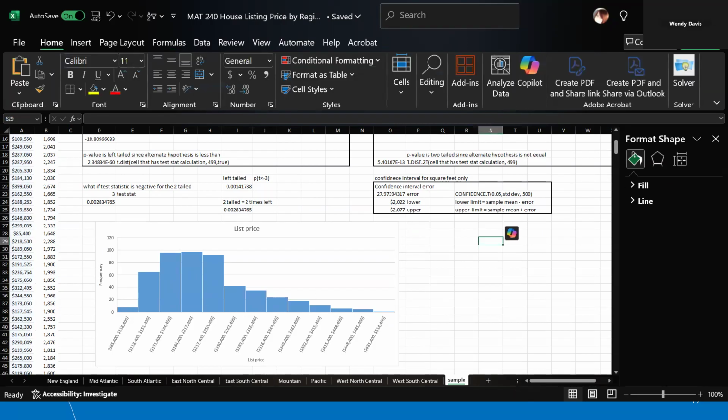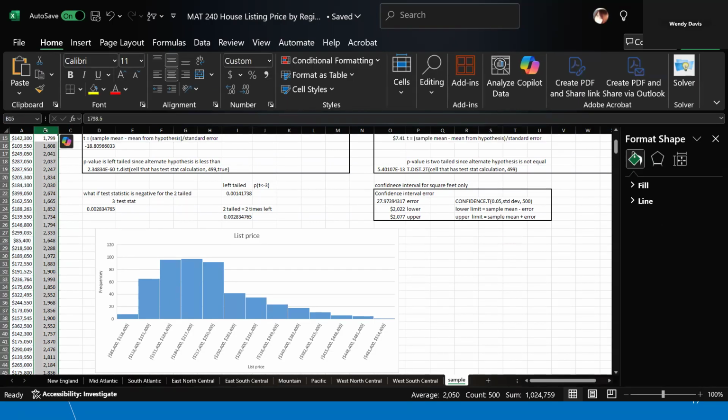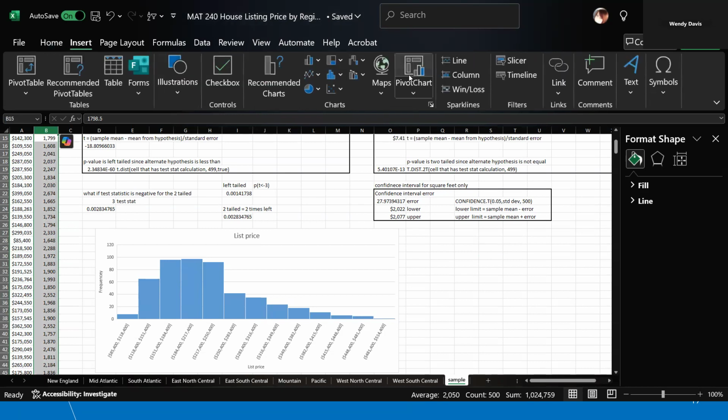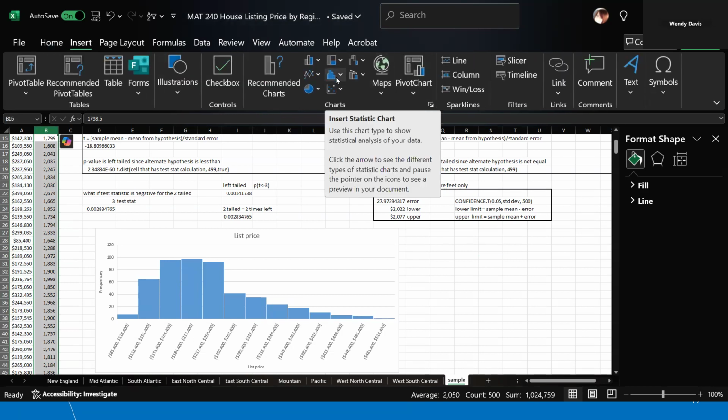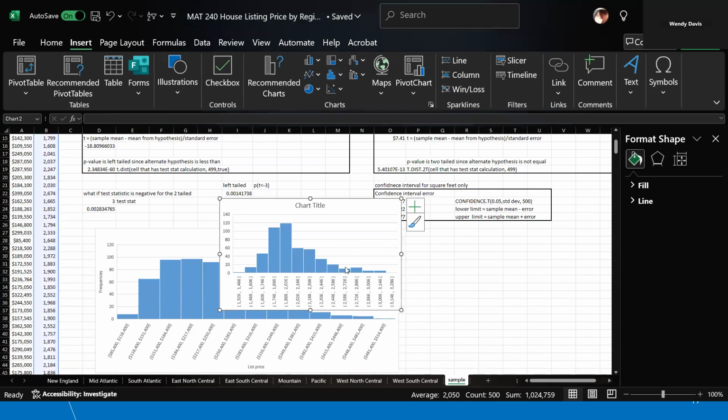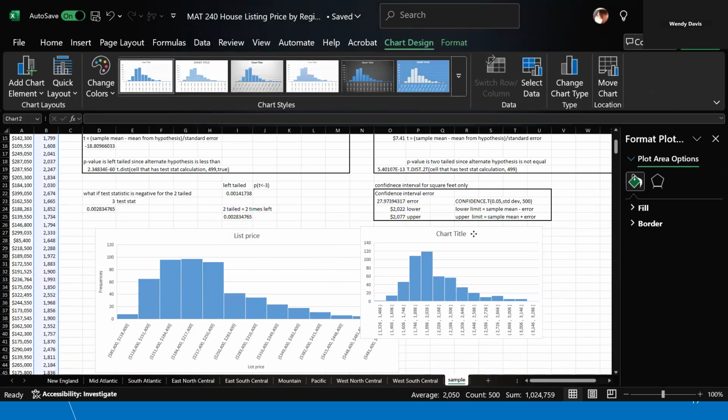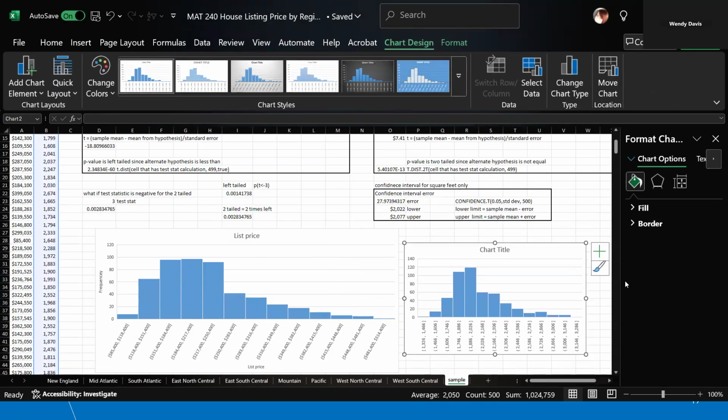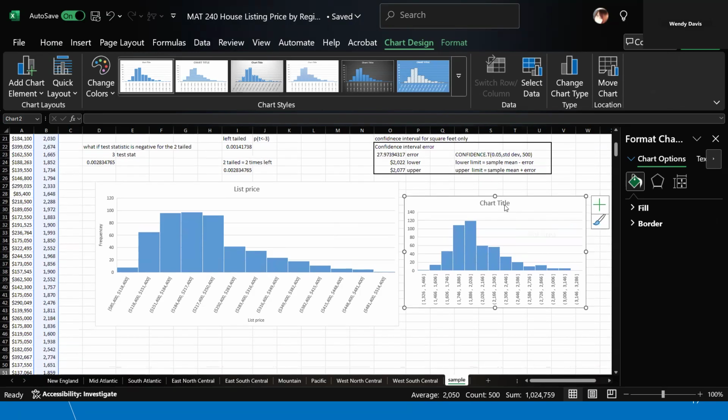Do the same thing for square feet. So you can just highlight the column, insert, histogram, click it, move it, double click here. This is square feet.